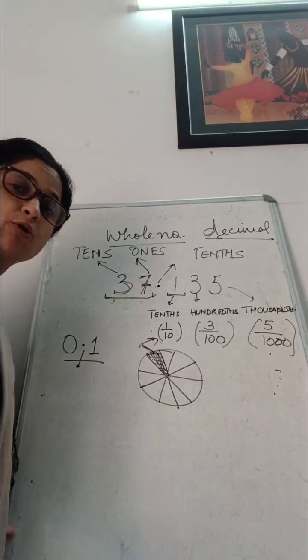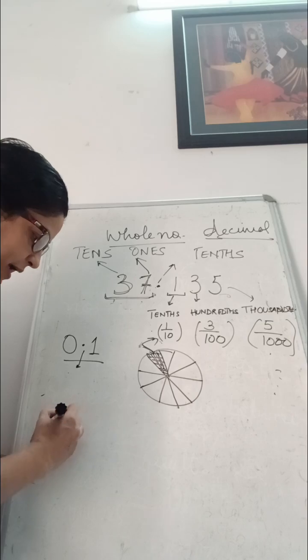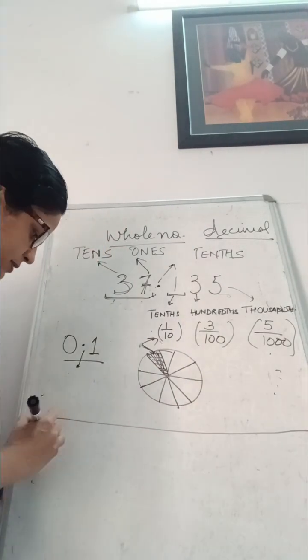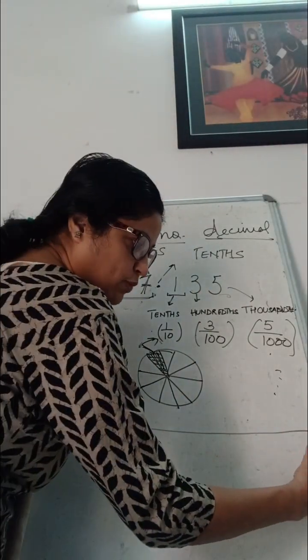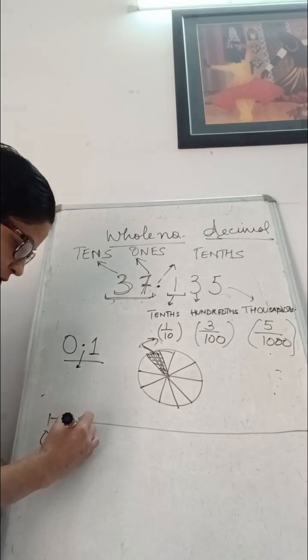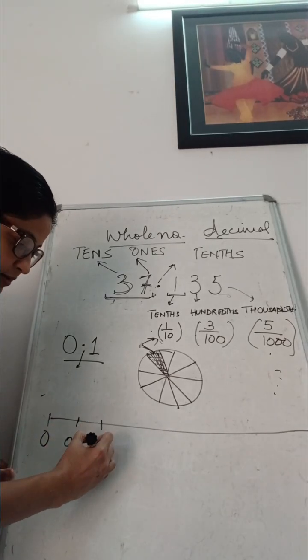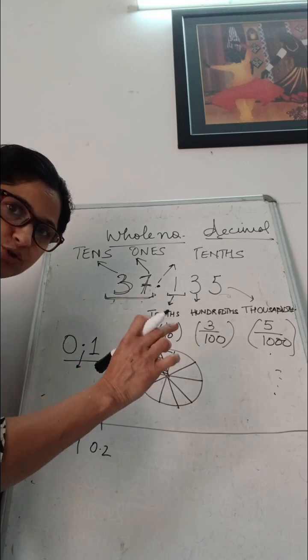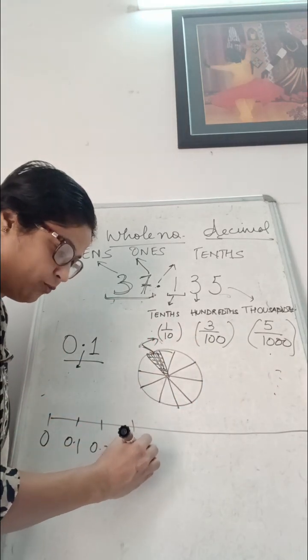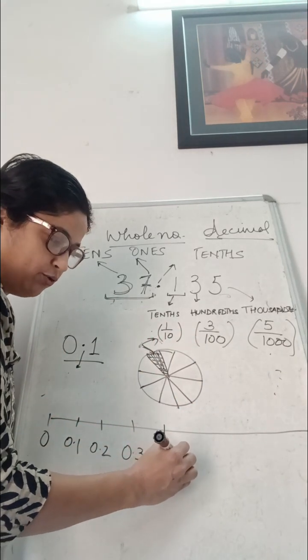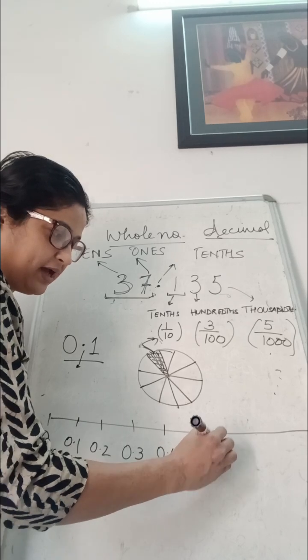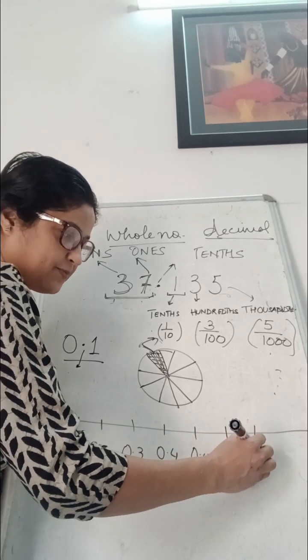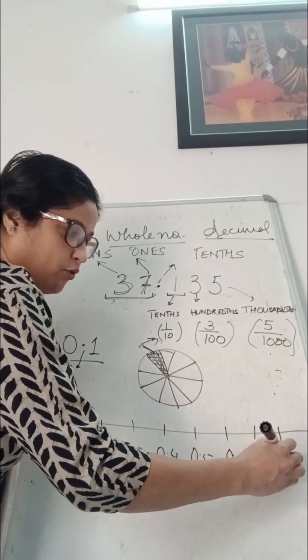And the decimals can also be represented on the number line. कैसे represent करते हैं हम? Suppose this is 0 and this is 1. How can I represent? Now this will be 0.1. This will be 0.2. Again, every part is containing 10 smaller parts. This will be 0.3, 0.4, 0.5, 0.6, 0.7, 0.8.